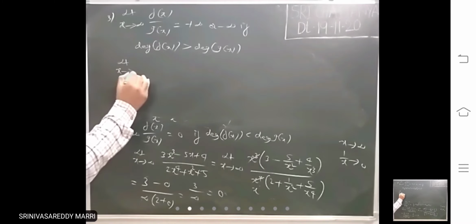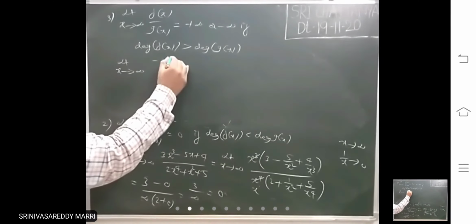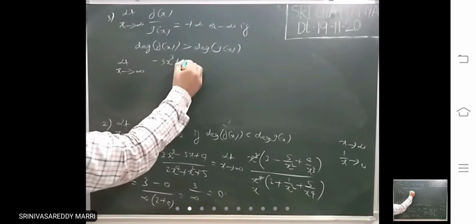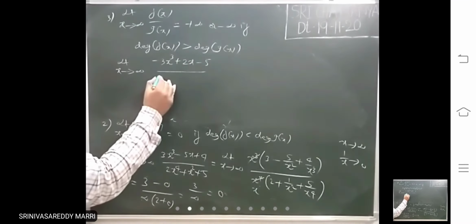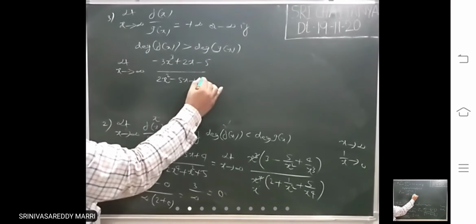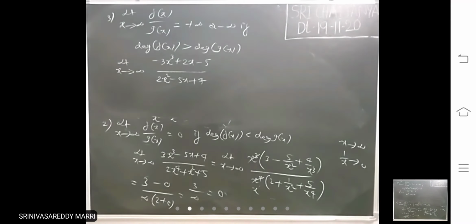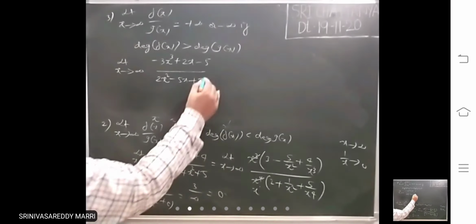Suppose take one example. Limit x tends to infinity, minus 3x cube plus 2x minus 5 divided by 2x square minus 5x plus 7. Degree of f of x is greater than degree of g of x.